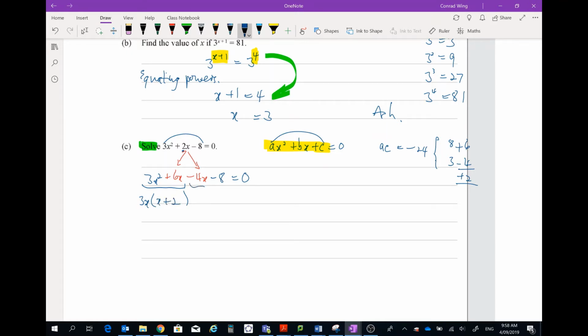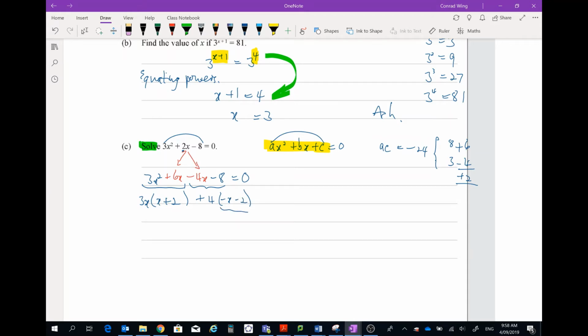What's common to these two here? Negative 4x and negative 8. 4. If you put positive 4, what do I have to multiply positive 4 by to give me negative 4x? Negative x. And positive 4 times what gives me negative 8? Negative 2.